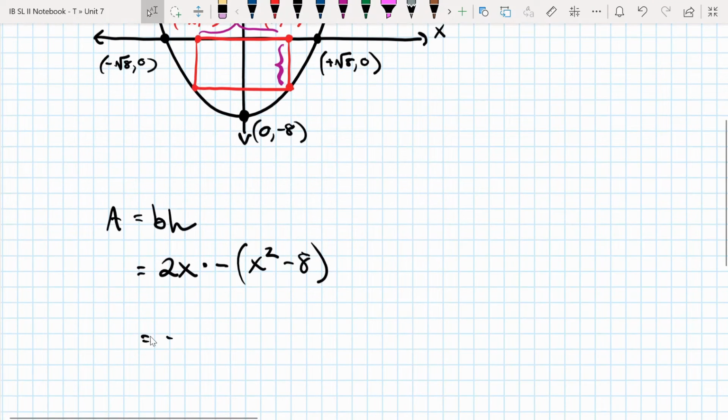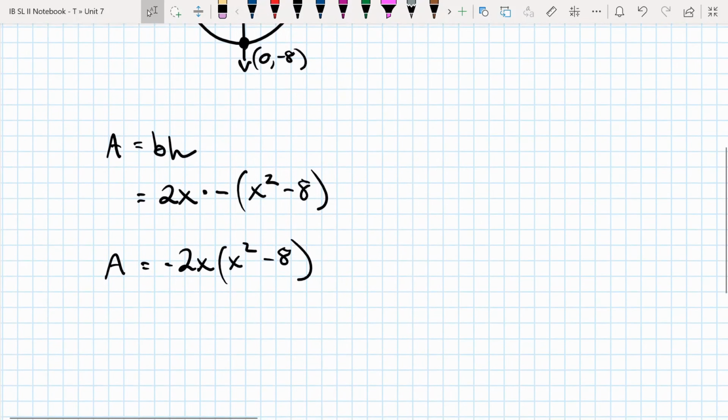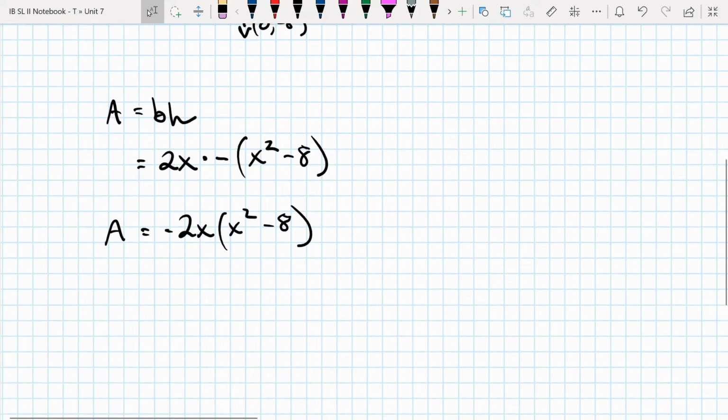Now let's rewrite this. Okay, and now we have one equation with one variable, which we can then use to optimize for x, which will give us our area. So here's A in terms of x. Let's take the derivative of this and set it equal to 0.